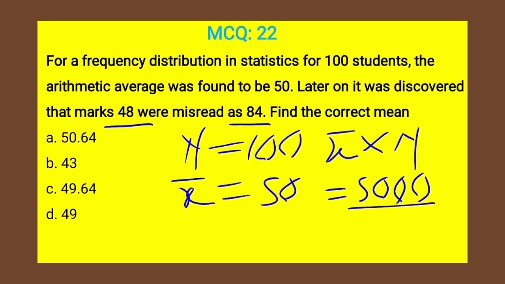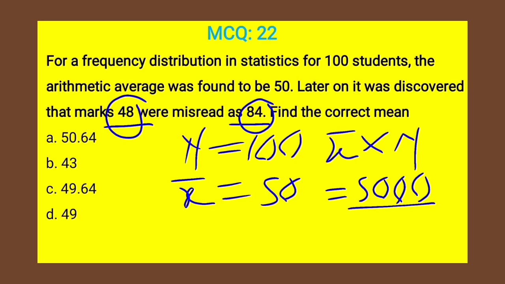You subtract the marks that we misread, that was 84, from the total marks, which is the 5,000. And you correctly add back the actual marks, that should be 48. You add back after subtracting the wrong value that you added.